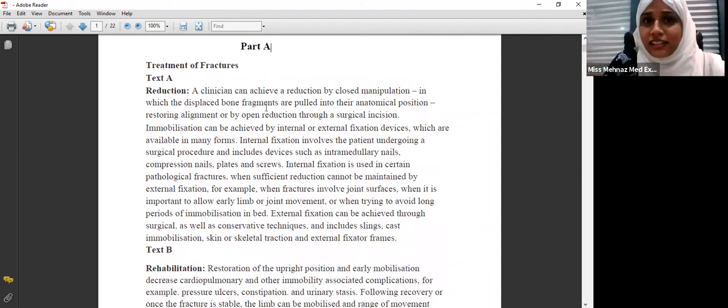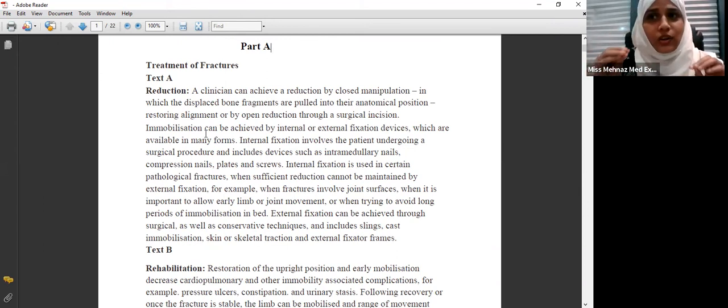A clinician can achieve a reduction by closed manipulation, in which the displaced bone fragments are pulled together in their anatomical position, restoring alignment, or by open reduction through a surgical incision. Immobilization. So it's just telling about a procedure. So I got to know that reduction is nothing but a procedure. So just read it.